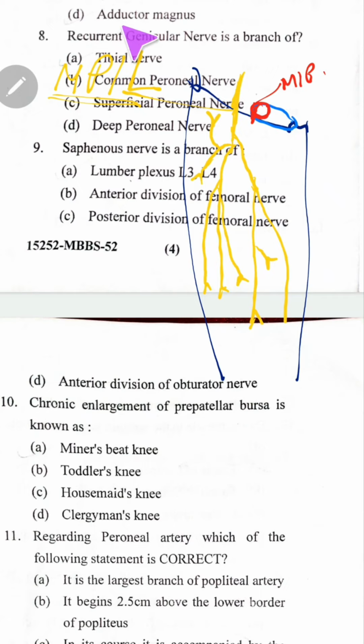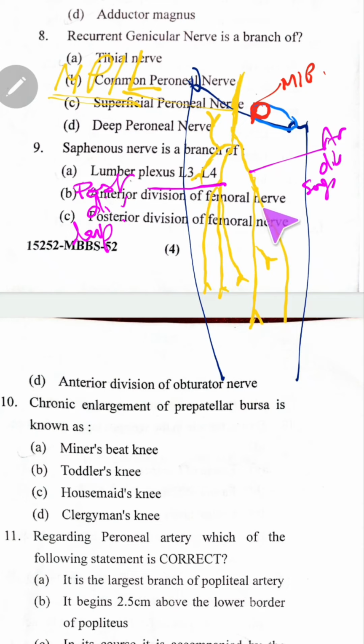For those who haven't understood, this is the posterior division and this is the anterior division, or you can say this is the superficial division and this is the deeper division. So this is the anterior division, this is the posterior division.